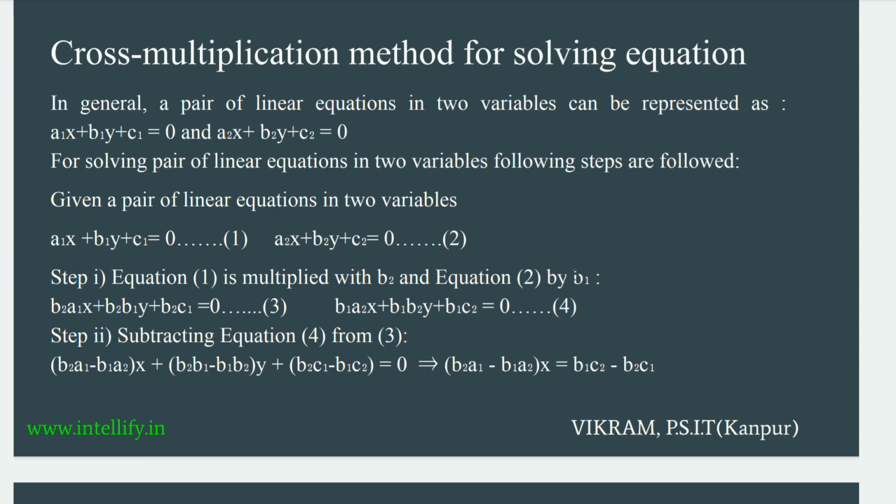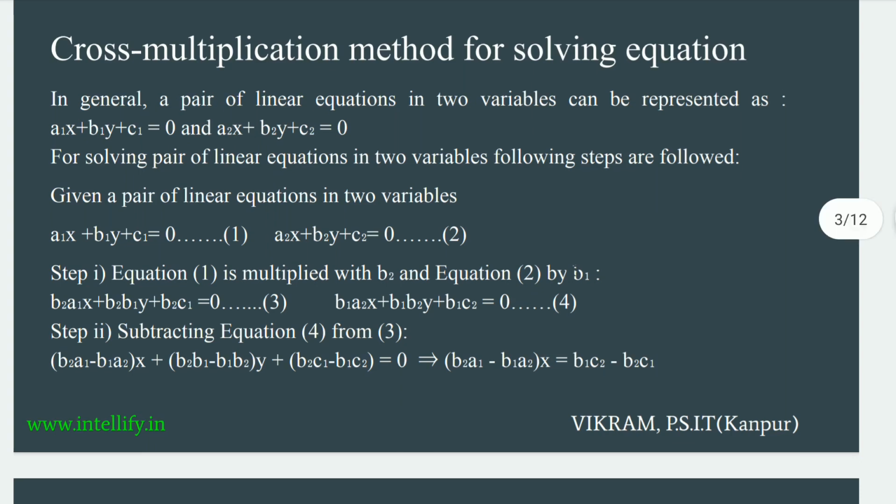And equation 2 multiplied by b1 gives b1a2x plus b1b2y plus b1c2 equals 0, making equation number 4. Now subtracting equation number 4 from equation number 3, we get (b2a1 minus b1a2) x plus (b2b1 minus b1b2) y plus b2c1 minus b1c2 equals 0.